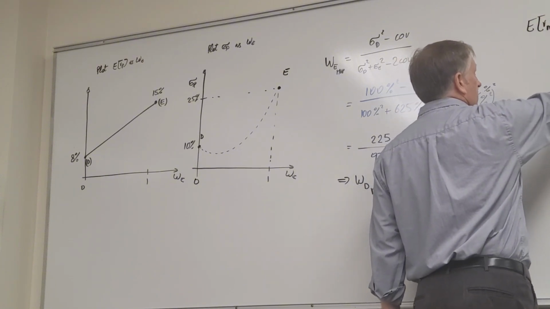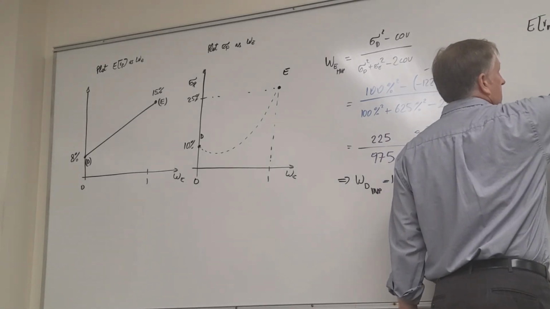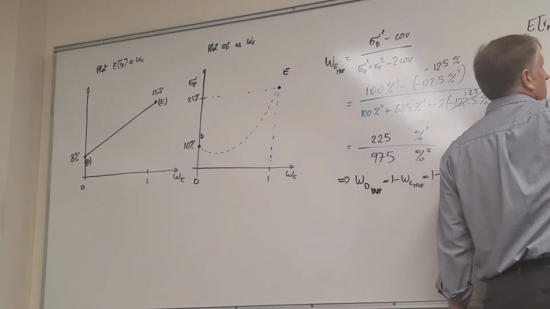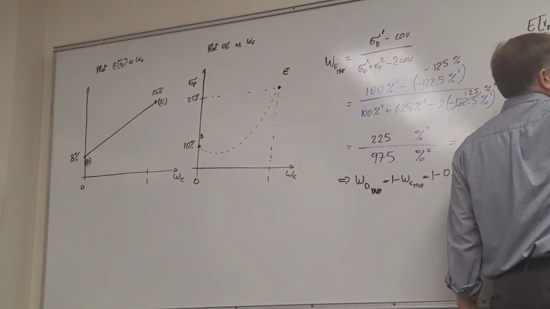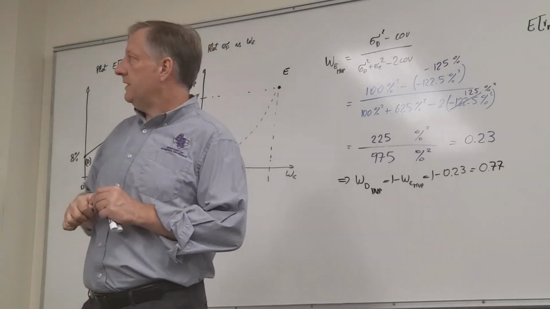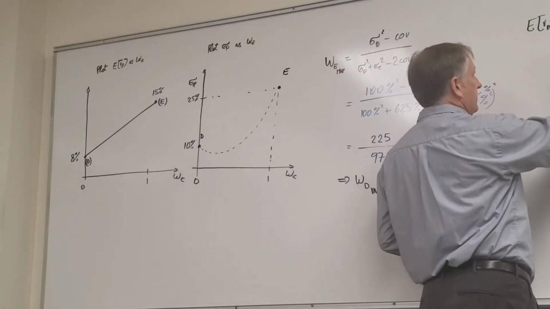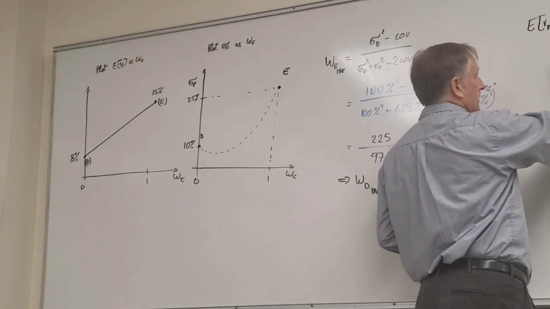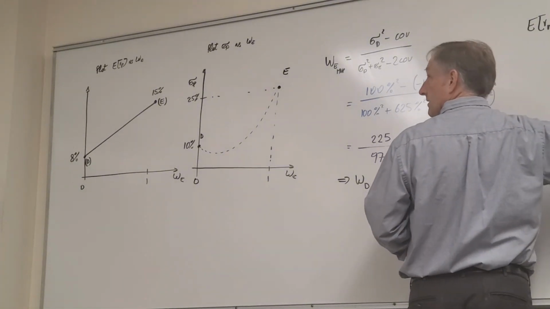The weight of equity in the MVP times ER of equity, plus the weight of debt in the MVP times ER of debt. So this is 0.23 times, what's that guy? 15 and 8.